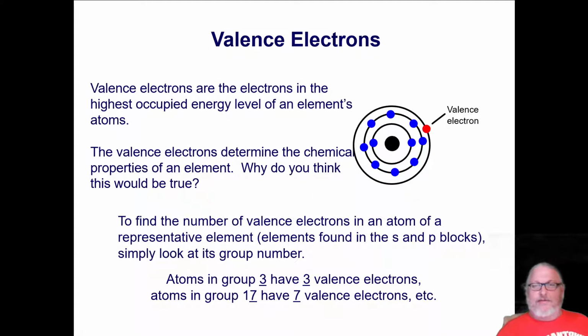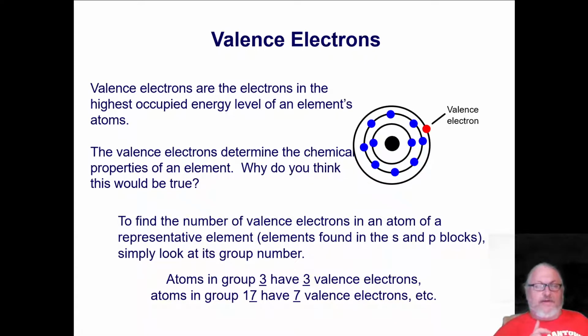So, valence electrons are the electrons in the highest occupied energy level of an element's atoms. These are the electrons that will determine the chemical properties of that element. Why? Because these are the ones that you're going to either take or borrow or share, the electrons in that outer shell.